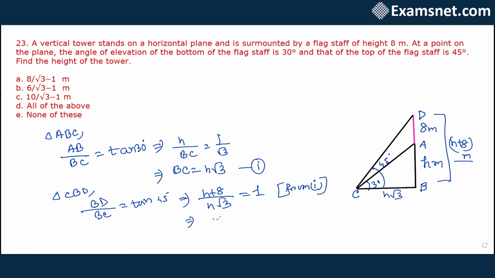So here h plus 8 equals h root 3. Now let's write root 3 minus 1 as a factor, and h can be expressed as 8 by (root 3 minus 1) meter. So that's the value for the height of the tower, which is 8 by (root 3 minus 1) meter. So here option A is the correct answer.